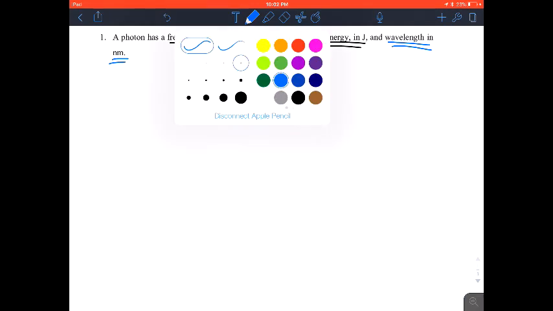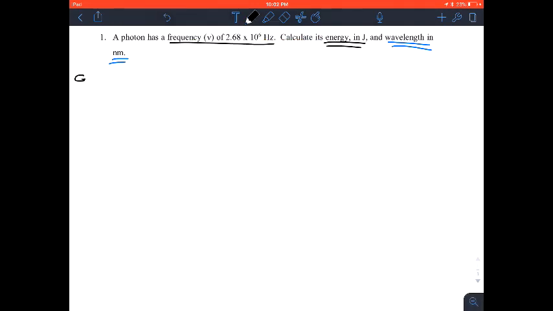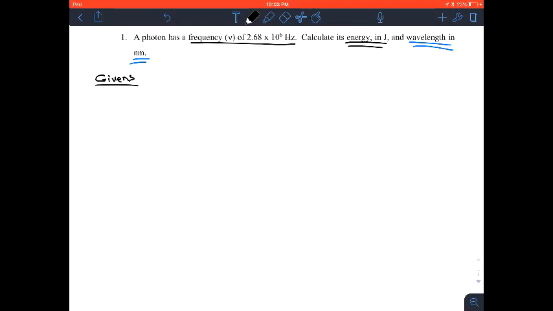Okay. Now, I'm going to list our givens. In this case, what are we given? We're given the frequency equals 2.68 times 10 to the 6 hertz. We're looking for the energy equals question mark, in joules, and the wavelength in nanometers.